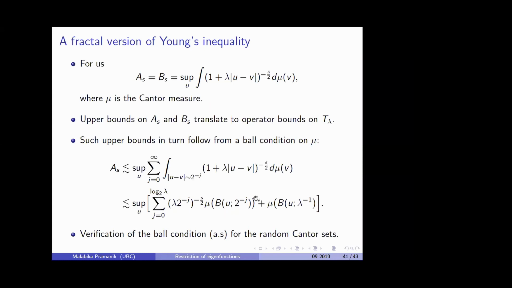This is exactly how you see that this integral is really of the same size as this expression, which brings in the mu measure of a ball. The last but not the least step is the verification of the ball condition for the random Cantor sets, but I'm not going to talk about that right now.